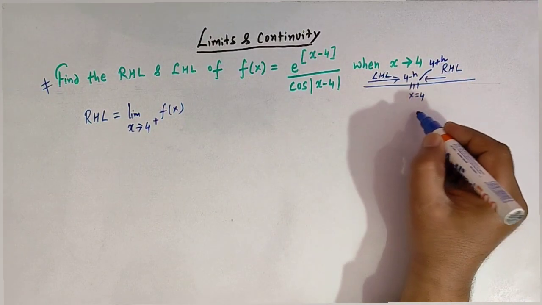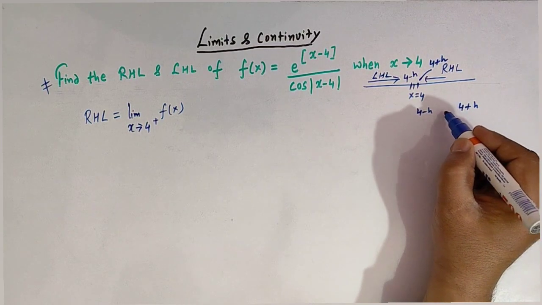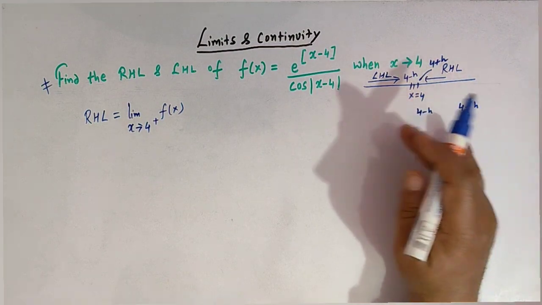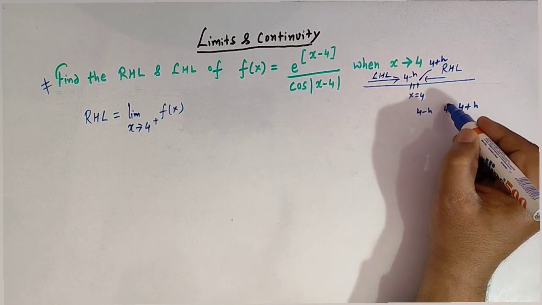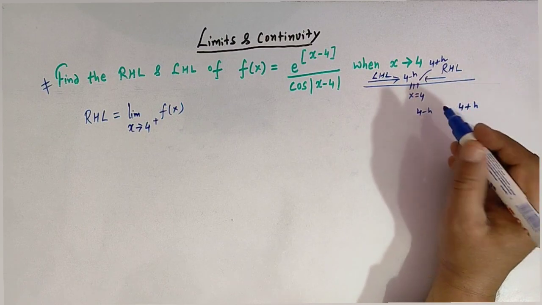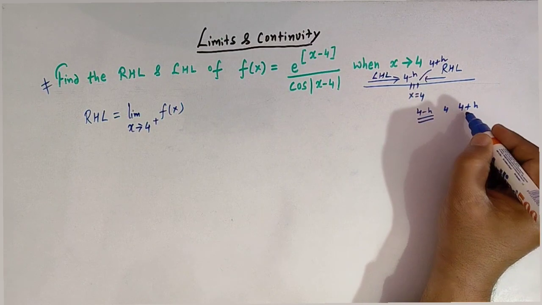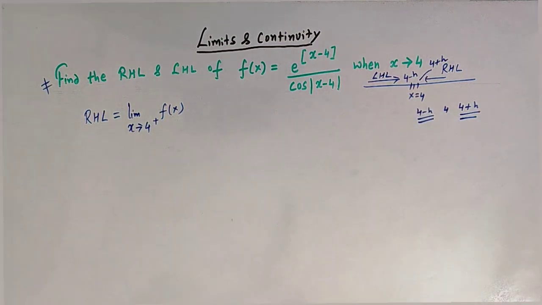So 4 minus h and 4 plus h are the points which are adjacent to x is equal to 4, right? So 4 lies between 4 minus h and 4 plus h, and here 4 minus h and 4 plus h are the points in the neighborhood of x is equal to 4, right?